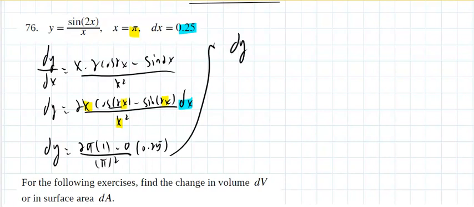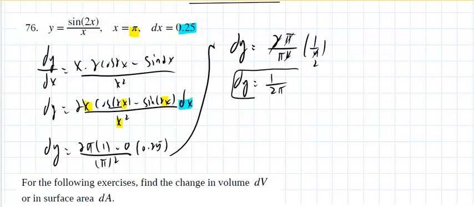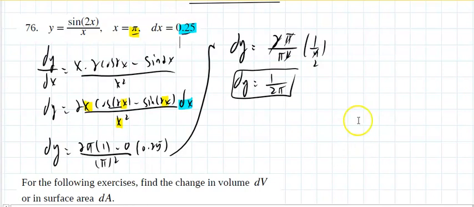I'll say the approximate change in the y value would be 2 pi divided by pi squared times 1/4, and the approximate change will be 1 divided by 2 pi, 1 divided by 6.28. I could do that division once and I'm set. Instead of me trying to figure out the sine of 2 pi plus 0.25, which is again an irrational number, and by now we lost track of how to do that.